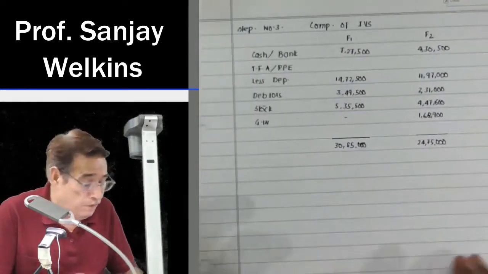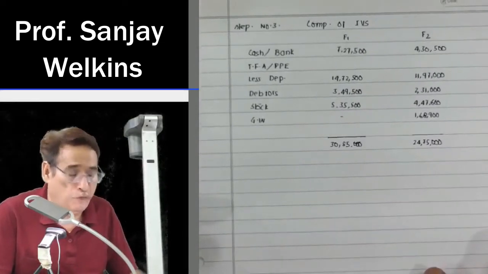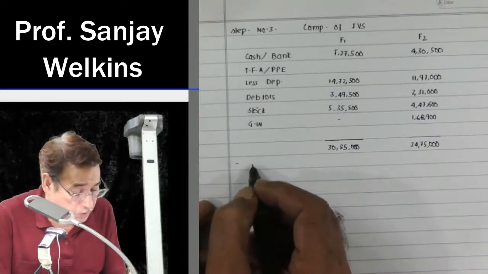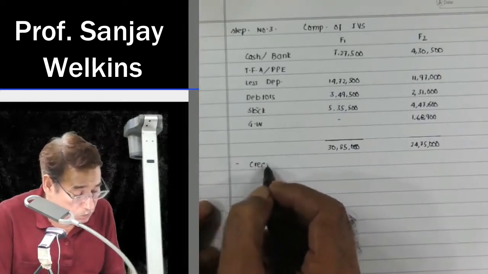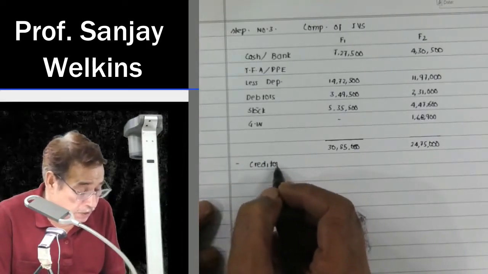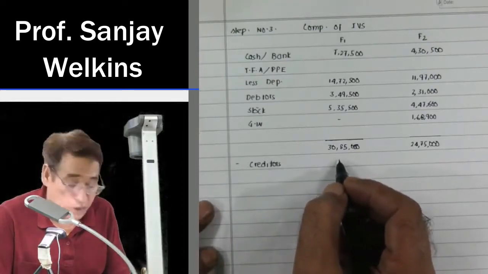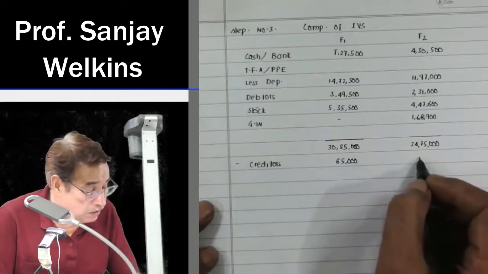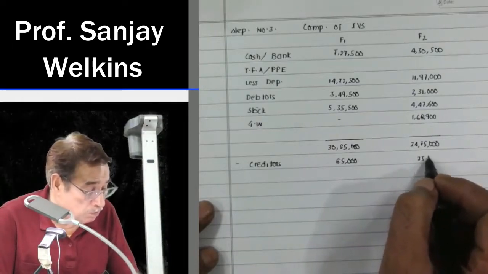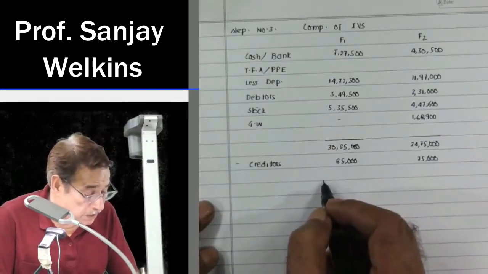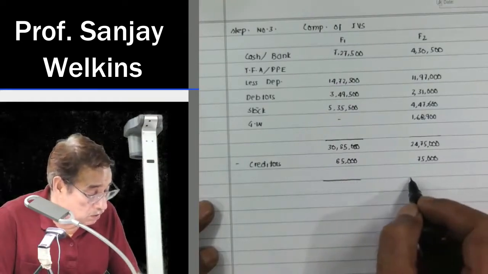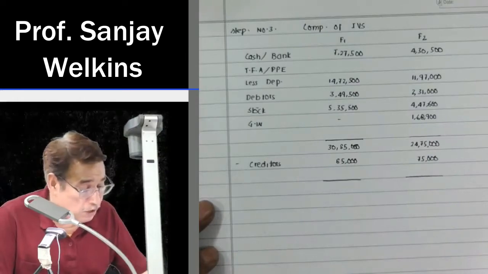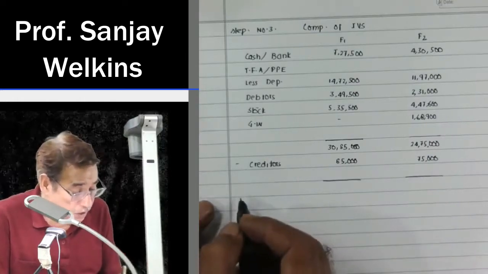So now you have arrived at the aggregate value of assets. All you have to do now is to subtract the creditors. As far as creditors are concerned, it is given to us 85,000 and 75,000. By subtracting these items from the aggregate value, we will get net assets.